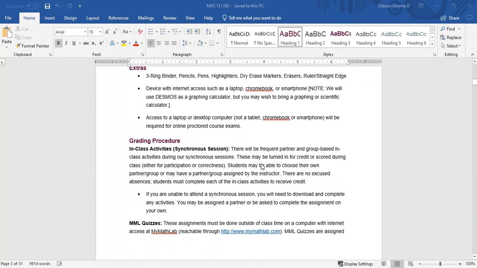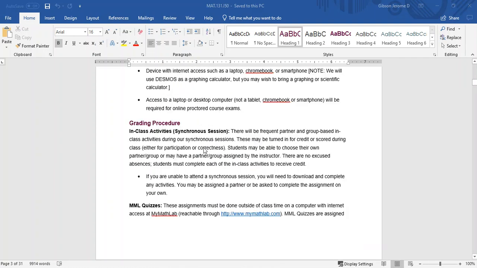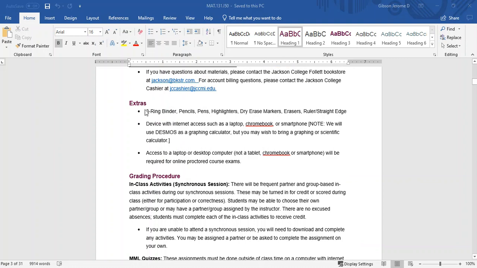Now the grading procedures. Well, before we do that, let's go here with these extras. These are things that you do need. You need a device with internet access, such as a laptop, Chromebook, or smartphone. We are going to use Desmos as our graphing calculator, but you may wish to bring a graphing or scientific calculator.